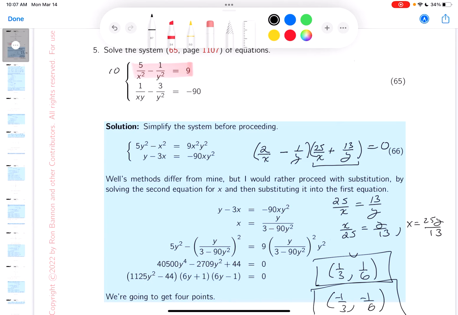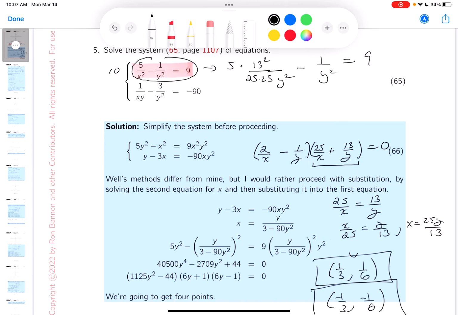And I'm still going to use this guy over here. And let me write it down for you. It's 5 times the reciprocal of x squared, which would be 13 squared over 25 squared, right, 25 squared is 25 times 25 y squared, minus 1 over y squared is equal to 9.